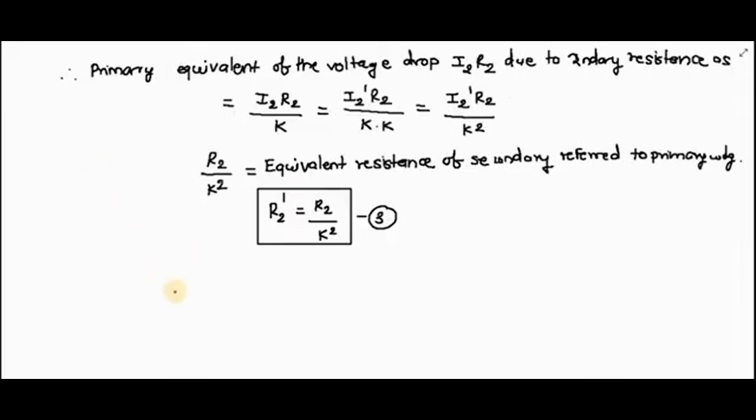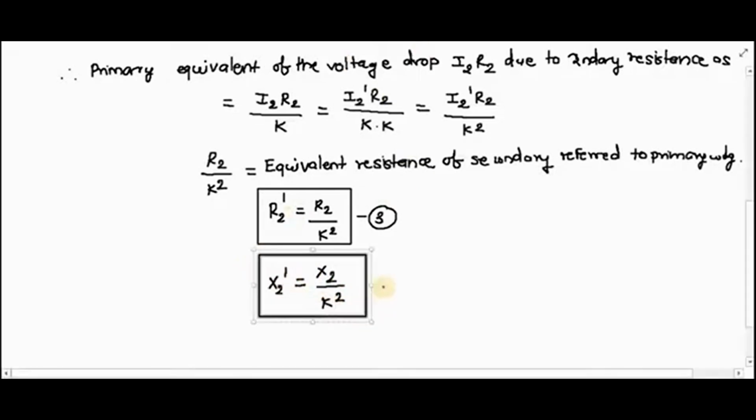Similarly, the equivalent leakage reactance of the secondary side, if it is transferred to the primary side, I can write down X2 dash equals X2 divided by K square, similar to R. We can deduce this relationship. Let this be equation number 4.